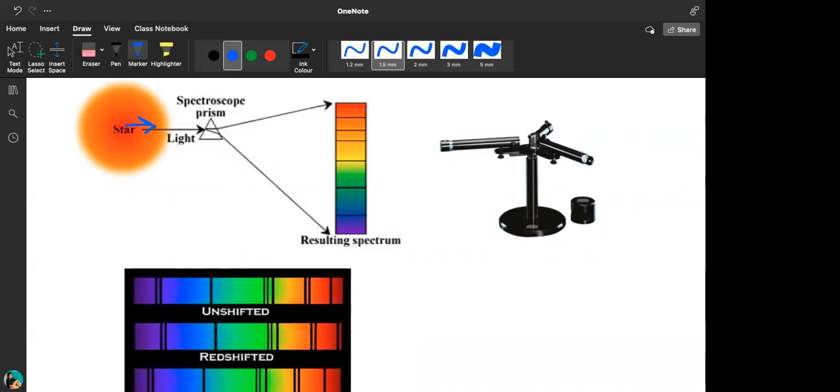The outermost atmosphere of the star is the coolest one compared to the inner one. So you have relatively cooler air at the outer atmosphere, and this outer atmosphere will absorb part of the wavelength from this radiation.